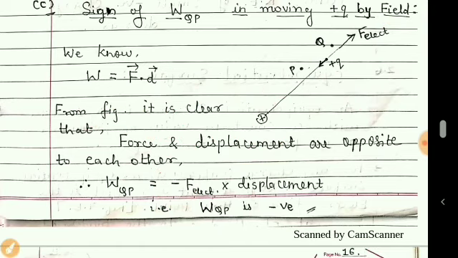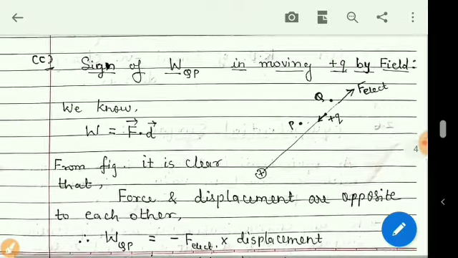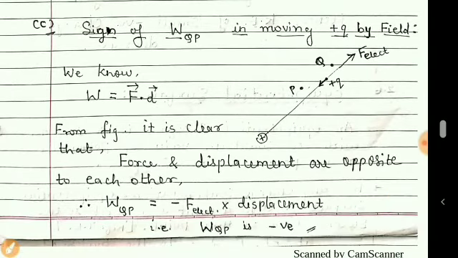Now this question can also be asked in this way, that what will be the work done by the external force. In place of work done by the field, the simple change can be made as an external force.